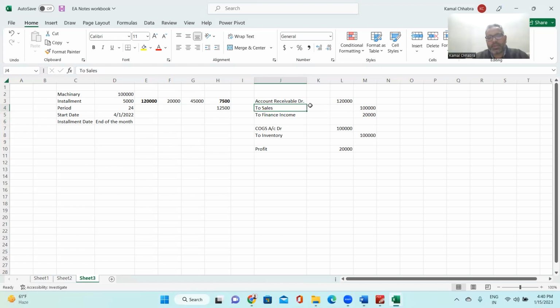No, for example, let's assume you are selling an asset. Let's say you have a car and you are selling that car on installment sale. Let's assume your car value is $10,000, right? And the person is ready to pay you $12,000 over a period of 12 months. So you are earning 2,000 extra.